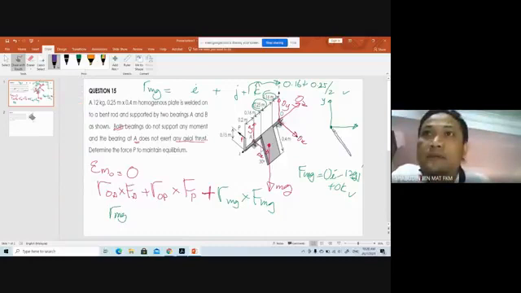This is the plate. The angle here is 30 degrees. The length there to there is 0.3 meters, and mg is in the middle here.